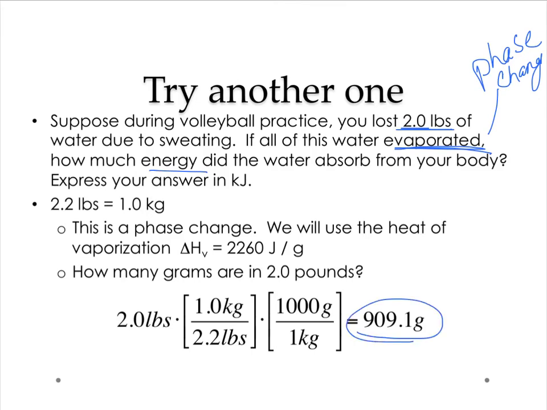So we do a little calculation and we come out to be that 2 pounds of water is really 909.1 grams of water. Then we need the heat of vaporization, which is 2,260 joules per gram. So it takes 2,260 joules to turn 1 gram of water into a gram of steam.